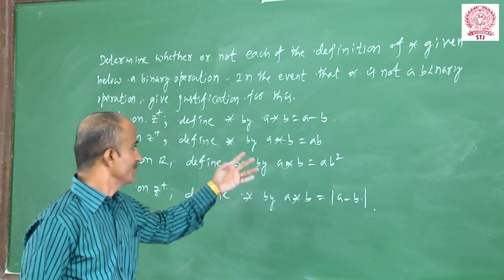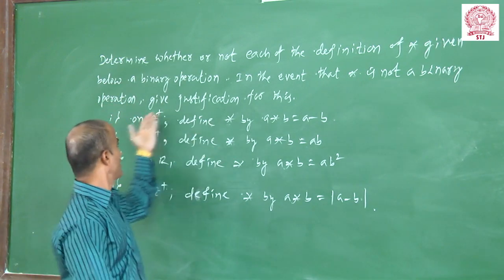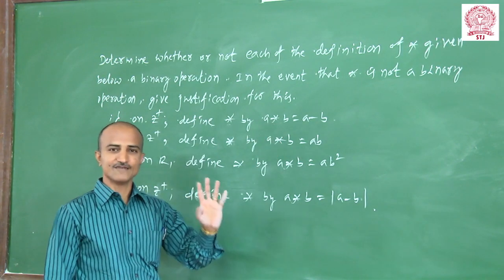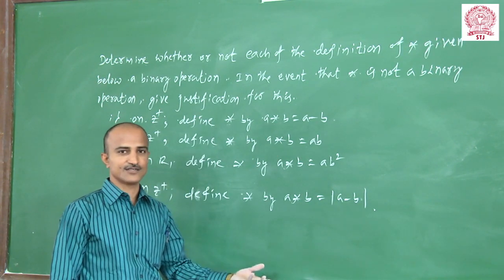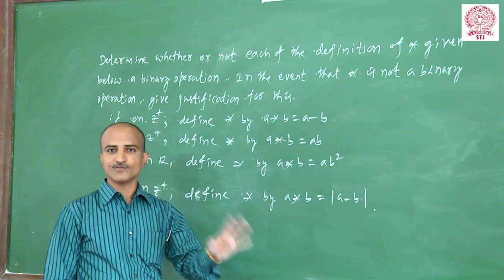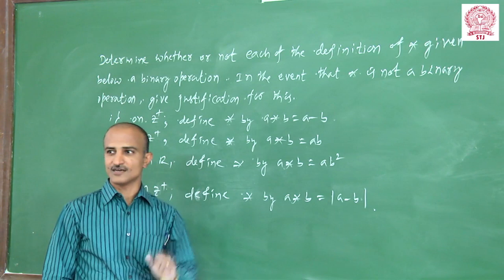Now we will check whether the defined star on the respective set is a binary operation or not. If it is, it is not necessary to give any justification. If not, we will prove it by counterexamples.